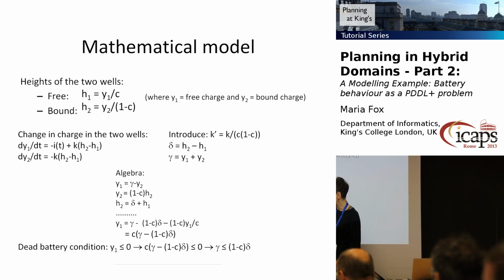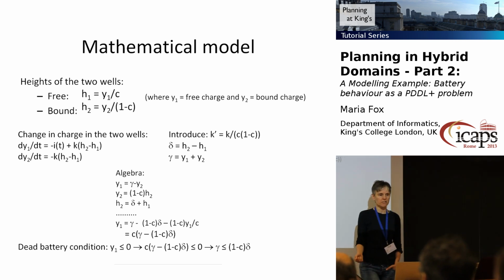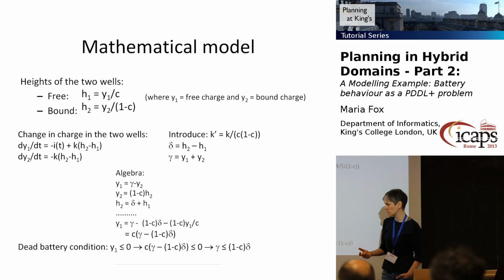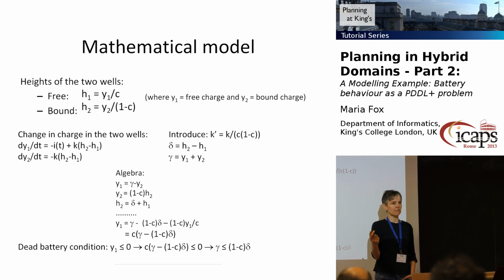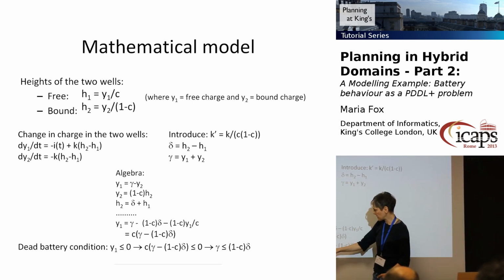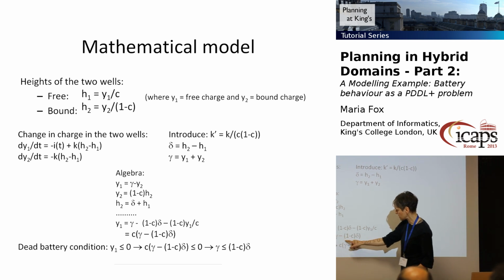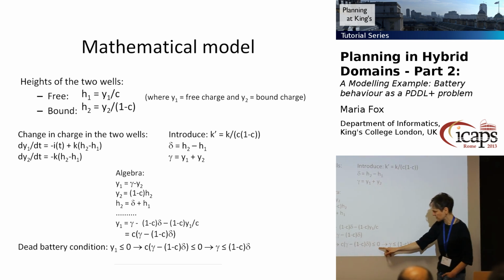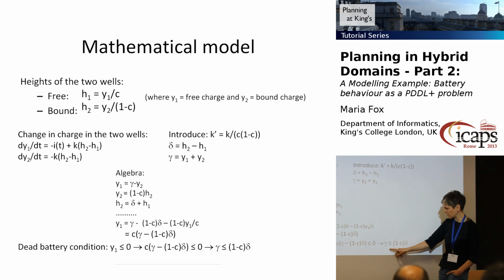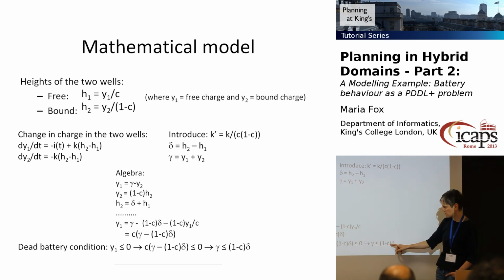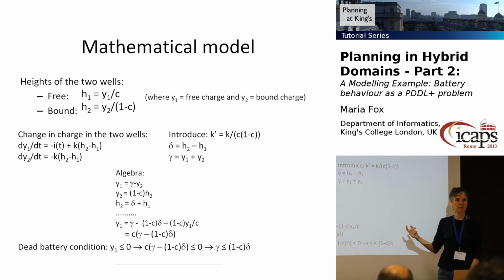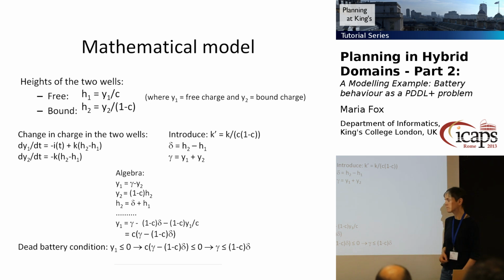The battery is considered dead when the charge in the free well, so the available charge, is less than or equal to 0. In that case, since y1 is this expression, that means this expression is less than or equal to 0, which gives us that gamma is less than or equal to (1 - c) times delta, which is something that we can put into the precondition of an action and check.